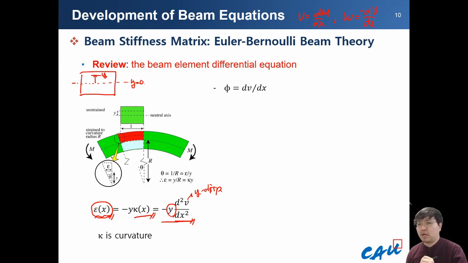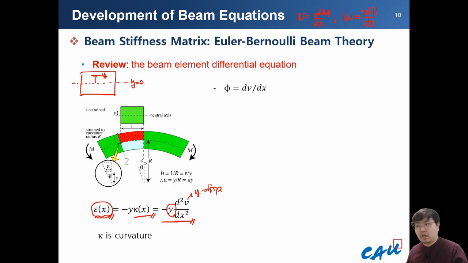I think you learned why the strain has this relationship. So what is the curvature? Curvature is the inverse radius. If you have a flat beam, the radius is infinite, but due to some forces the beam will be deformed like this, and due to the deformation the upper part length must be higher than the centroid axis, and the lower part length must be lower than the centroid axis.